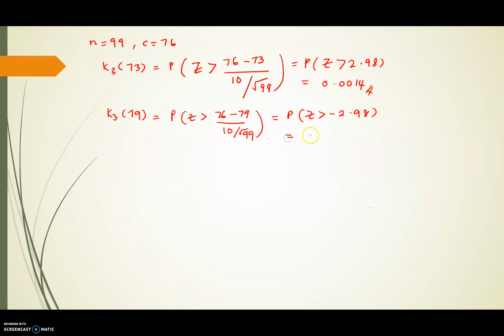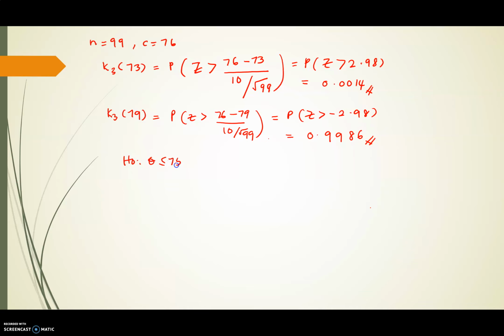Same thing, compute from your stats table. In this case, we will have 0.9986.